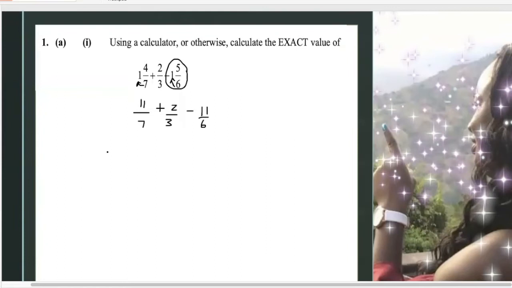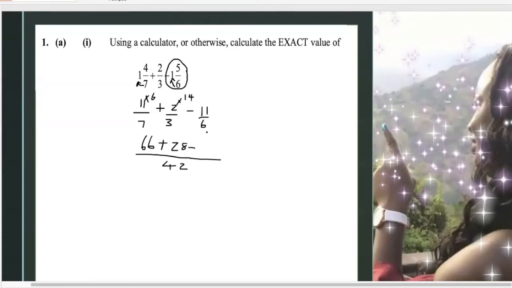Now, when finding the LCM, we find the lowest common multiple of 7, 3, and 6, and this will be 42. Then we say 7 into 42 goes 6 times, so we multiply 11 times 6, that gives me 66, plus 3 into 42 goes 14 times, so 14 times 2, that's 28.